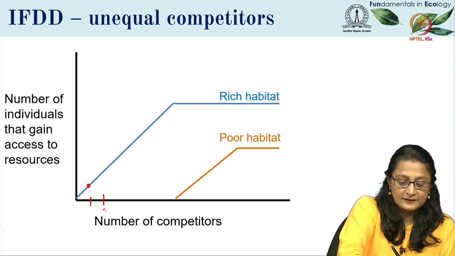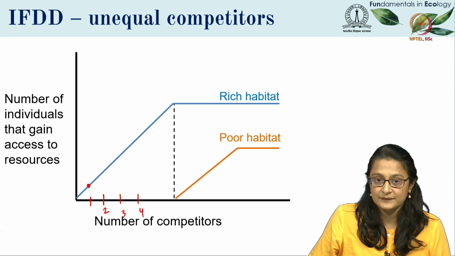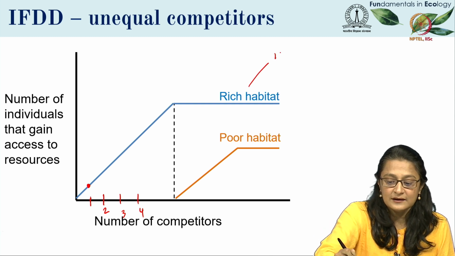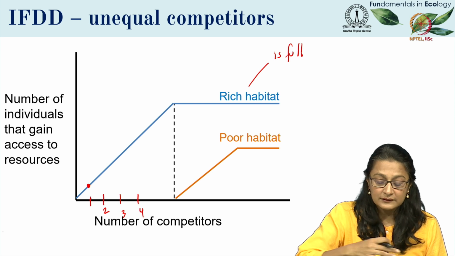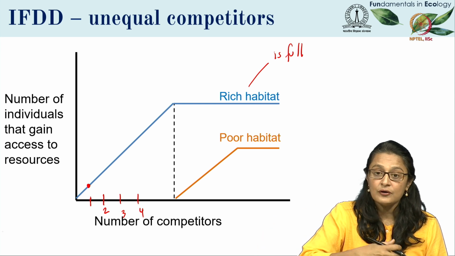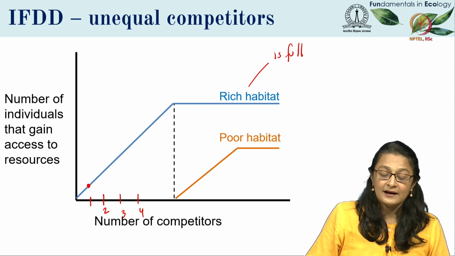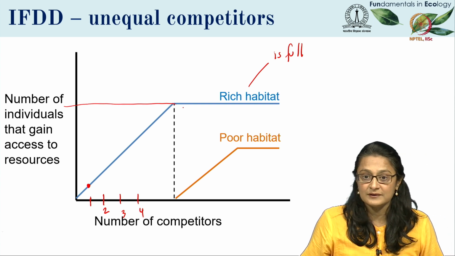So should the second and third and fourth, and so on, until this point, at which the rich habitat is full, because the whole habitat is now filled with competitors that are defending space. And so the rich habitat cannot hold any more individuals.